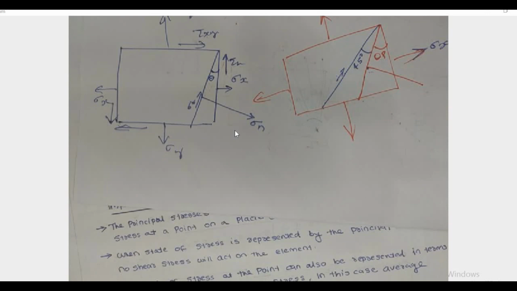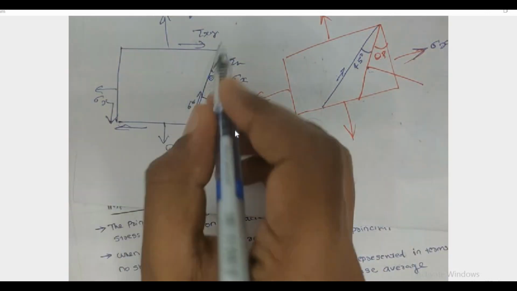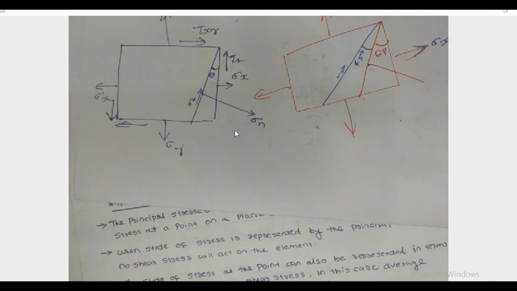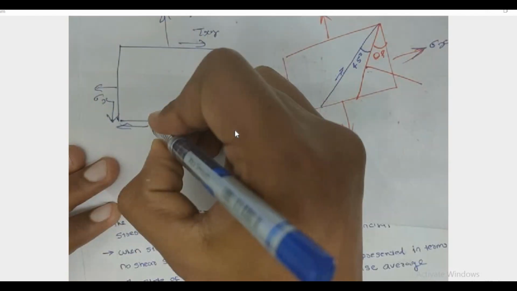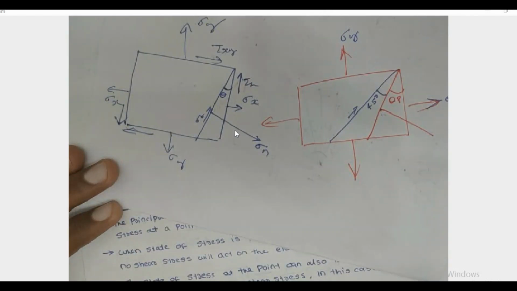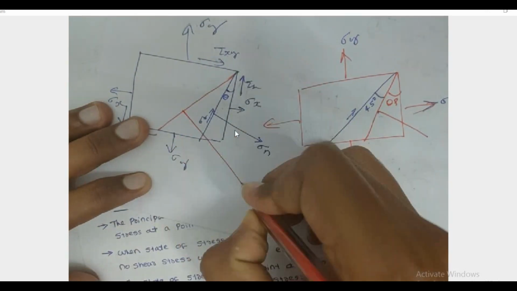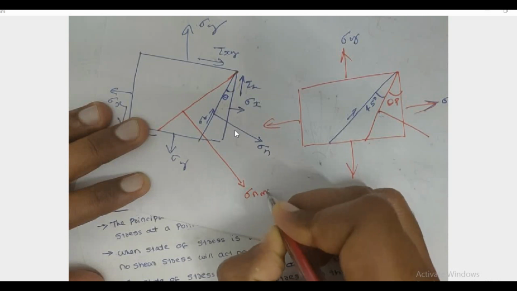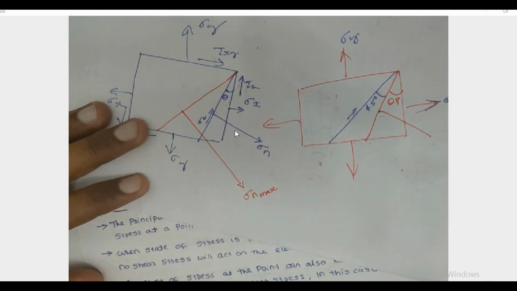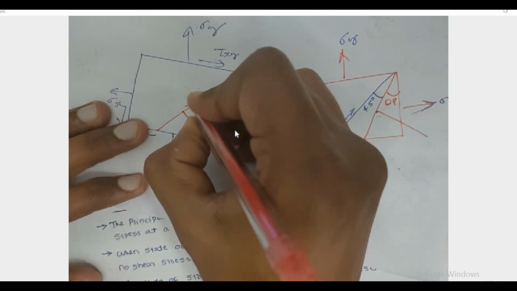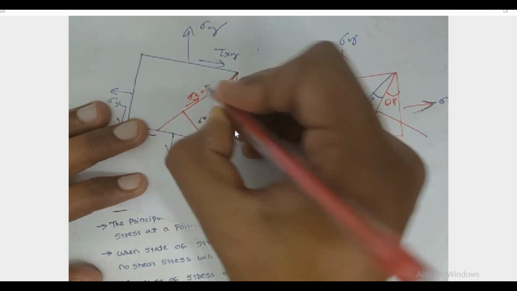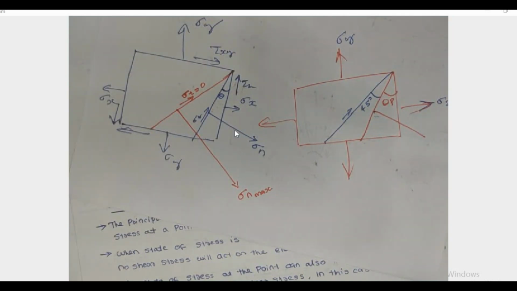There are an infinite number of planes with different theta values, and out of these infinite planes, we have one plane that is called the principal plane, where normal stress will be maximum and the shear stress, sigma t or tau, will be equal to 0.